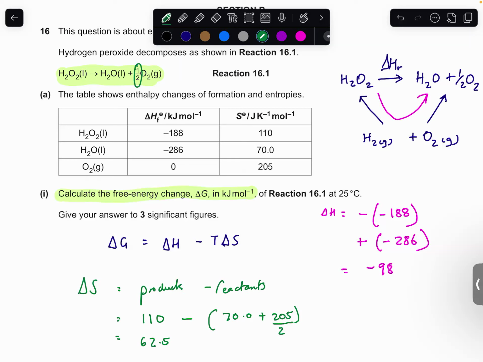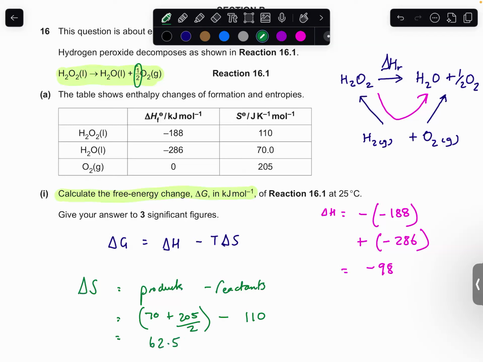They have done products minus reactants. Ah, so I'm right, but I wrote the wrong values. That's what's going on here. Yeah, I was right. But the products here, ladies and gentlemen, is water, which is 70, and 205/2. That's your products, minus the reactants, which is 110. Got it the wrong way around. Apologies. And this gives us 62.5.